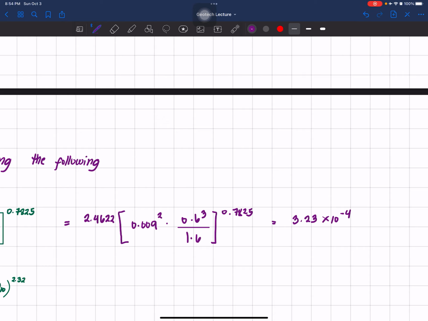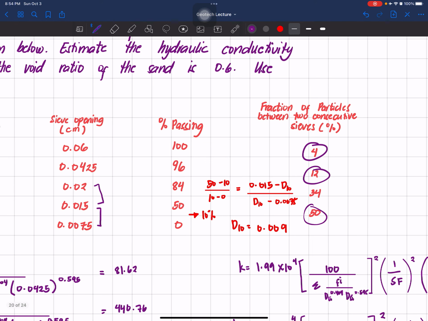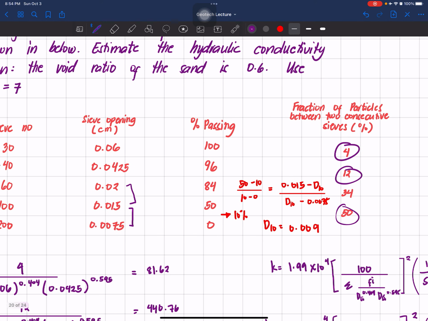Okay. So sobrang liit kasi nung kuha natin yung D10 natin. It's 0.0009, tama ba? Ayan. Tingnan niyo naman kasi ang liit. Tama ba yung nilagay kong mga values? 0.015 plus 0.0075. Wait lang. Check ko muna ulit baka mamaya iba pala.